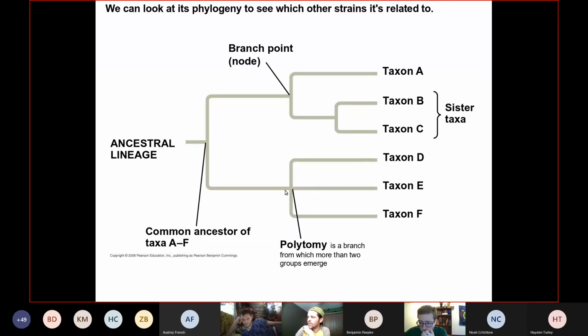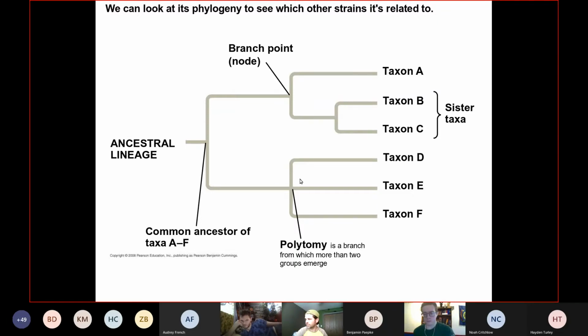But here, since we aren't sure, it's unresolved. And so sister to taxon D is E or F, or E and F. We just don't know. Because it could be that D and E are actually sister to each other, and F is the oddball out, or it could be the other way around.